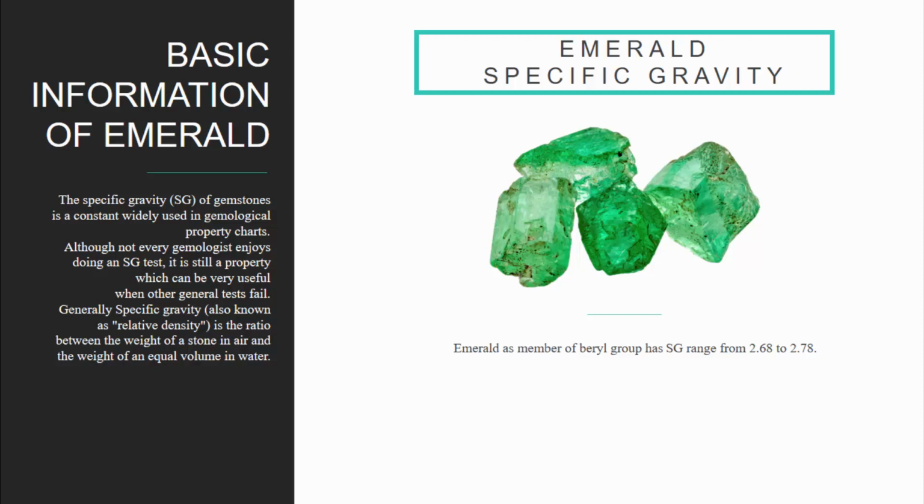Since specific gravity is relative to the weight of an object in air and in water, it is a ratio and is not expressed in units such as kilograms per cubic meter. The specific gravity of emerald is about 2.68 to 2.78.